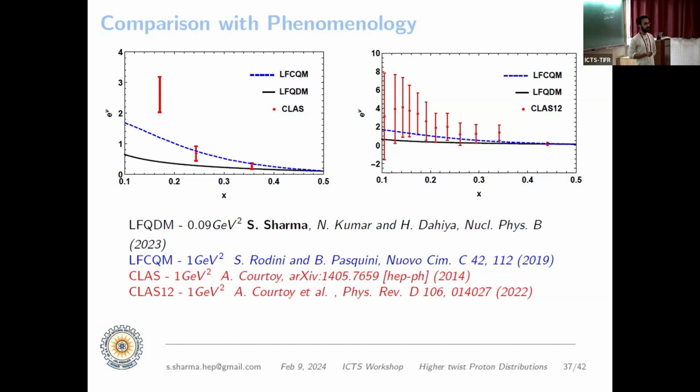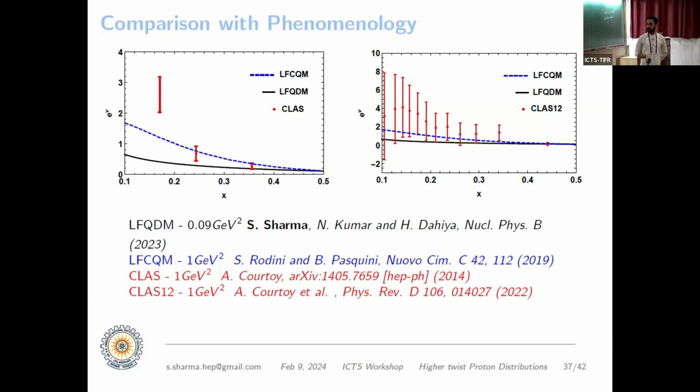So we have talked to many people regarding the evolution of this E, but we came to know that we cannot use the leading twist evolution equations for this TMD. But even then, to give an idea, we have talked to other people. They are saying that we can use the lower twist evolution equations if our TMD has similar behavior to the lower twist.